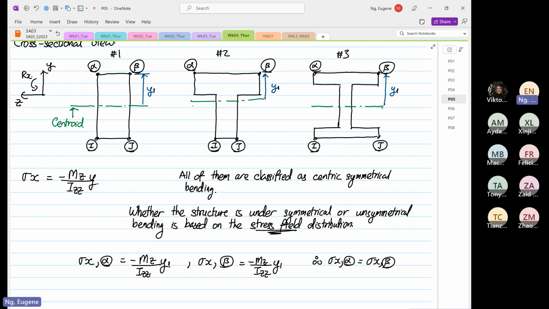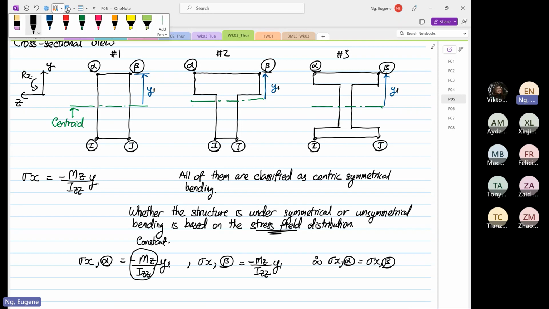For shape number 2, alpha and beta also have the same y1. And for number 3, alpha and beta stresses are also based on y1. Because Mz over Izz, regardless of alpha, beta, is a constant.